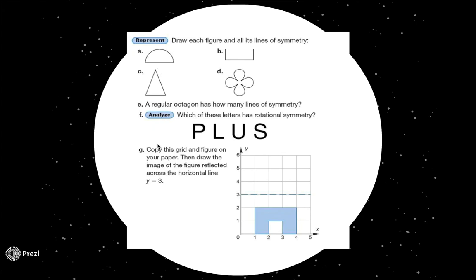Okay, letter E: you're going to have to draw your own octagon, and then figure out the lines of symmetry on an octagon. Letter F, you're going to rotate these letters and figure out which of them has rotational symmetry when you rotate it.